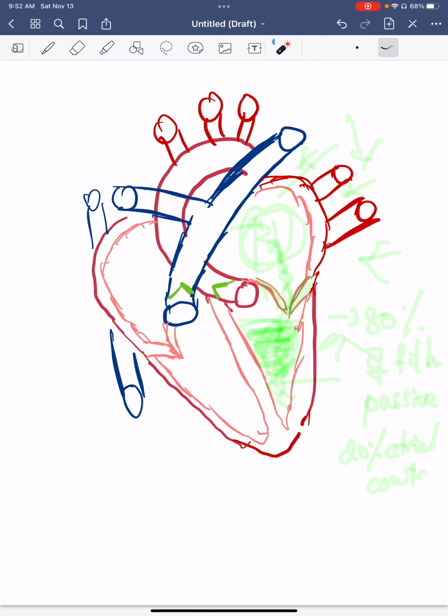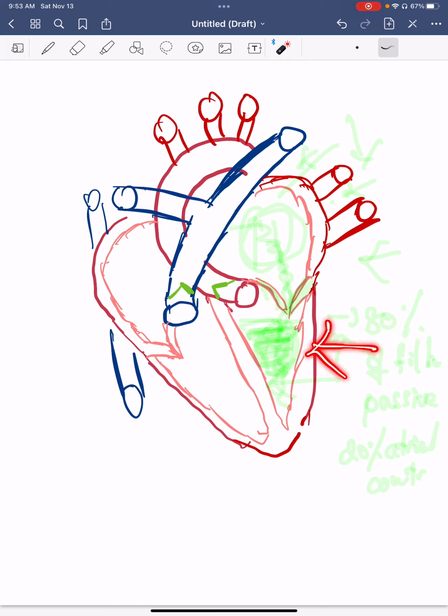Now the pressure in the ventricle is increasing. The mitral valve is closed, the aortic valve is closed. No other valve is open. It's a closed chamber. The volume becomes constant as the mitral valve is closed.